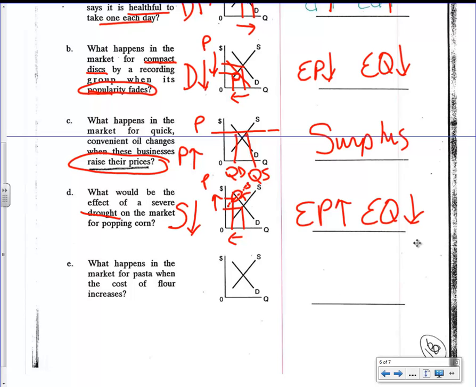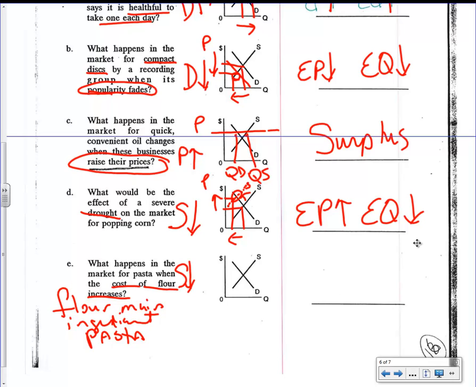What happens in the market for pasta when the cost of flour goes up? So flour is the main ingredient for pasta. You raise the price of flour and the cost to produce the pasta goes up. So the supply of the pasta is going down.